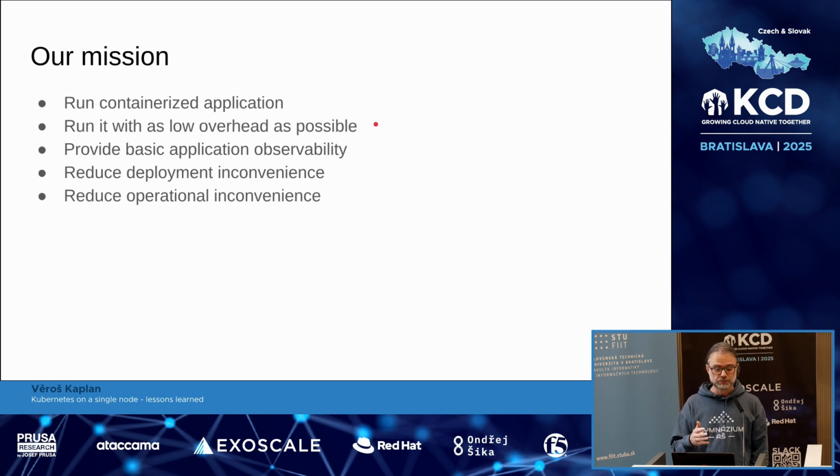We would like to do it with as low overhead as possible, because memory and CPU aren't so cheap. We would like to provide basic observability. We would like to reduce the deployment inconvenience. The CI/CD part can be hard sometimes, and with Kubernetes it's easier for us. And we would like to reduce operational inconvenience like certificates and load balancers and so on.